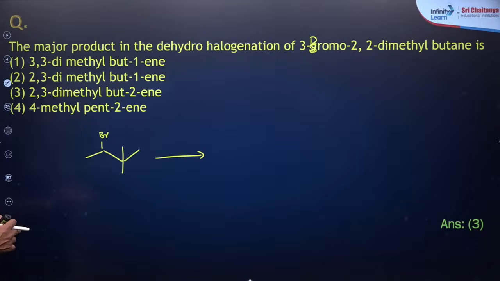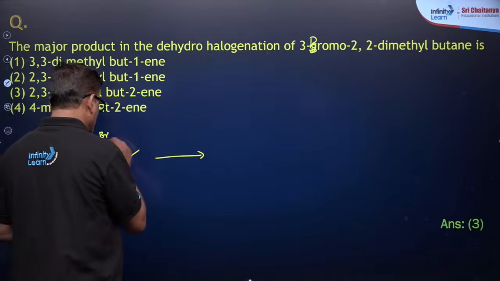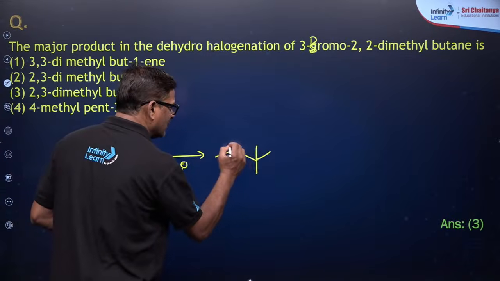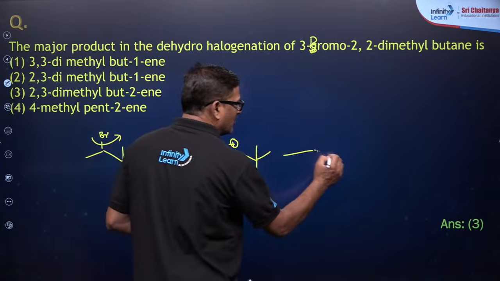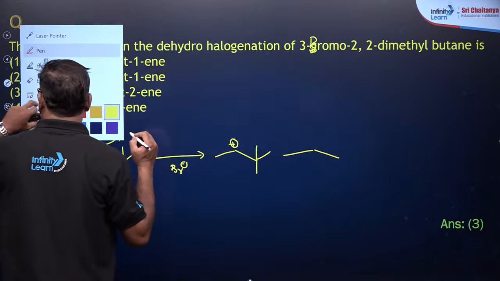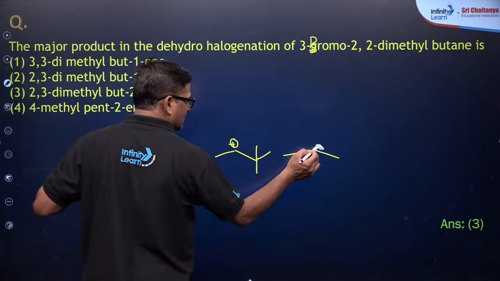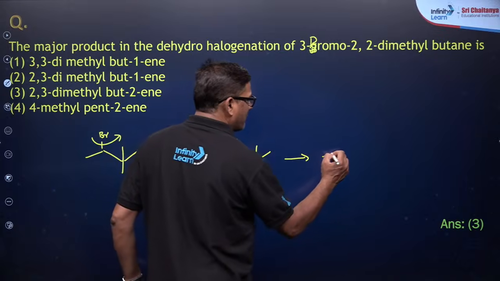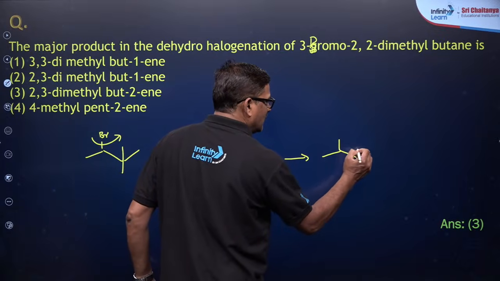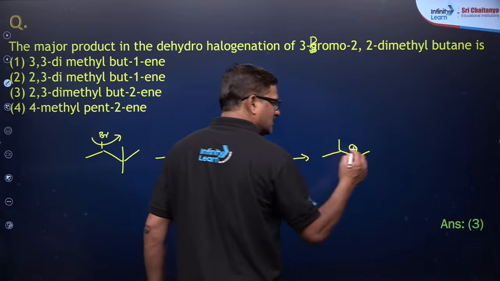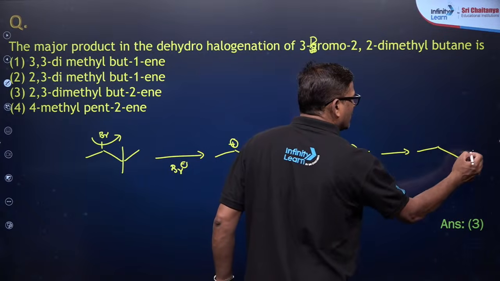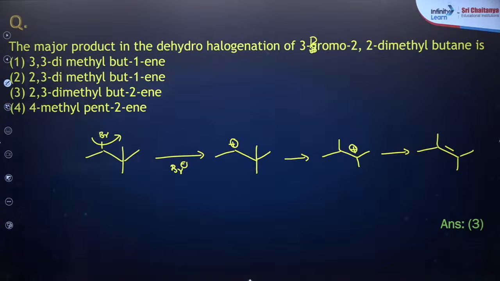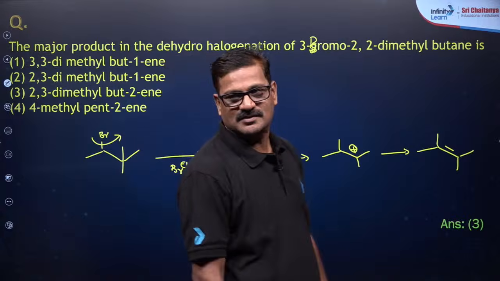So, Br minus is lost and you will be having a carbocation. This carbocation is going to be unstable. So, as a result of this, you will be having a tertiary carbocation. Now, this tertiary carbocation is going to eliminate its proton to give this option 3. Any doubt, bacho?